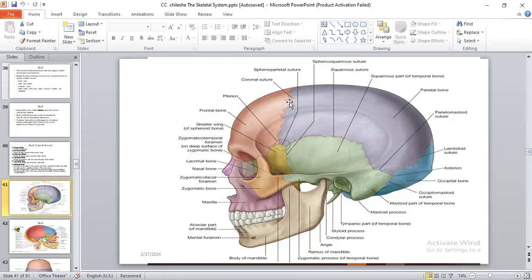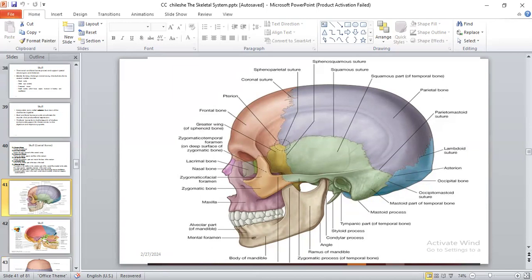And then immediately posterior to the frontal bone, we have two nice paired bones, and these bones are called the parietal bones.